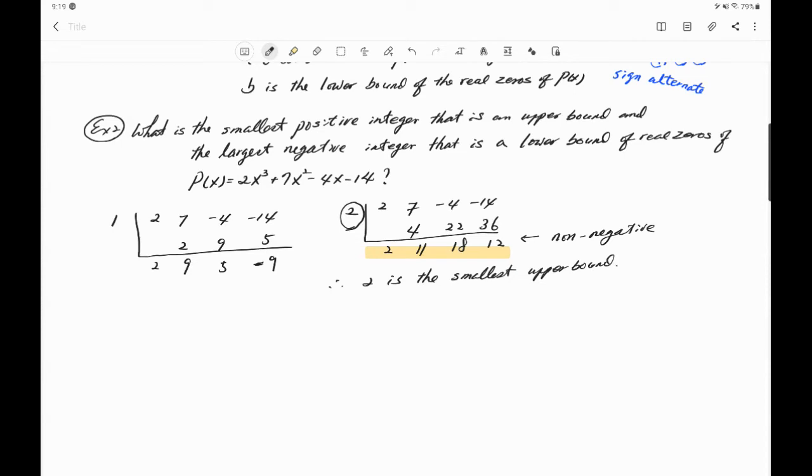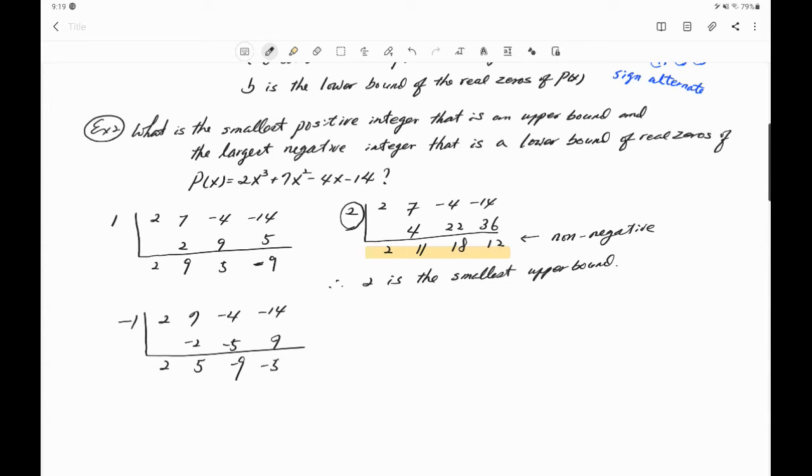All right. Then let's find the largest negative integer that is a lower bound. We're going to divide this polynomial by a negative number starting from negative 1. If the last row contains alternating signs, then it will be the lower bound, I mean the largest negative integer lower bound. Bring 2 down, multiply, add, multiply, add, multiply, add.